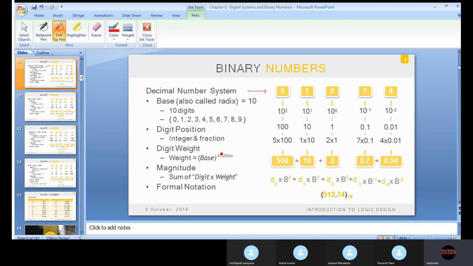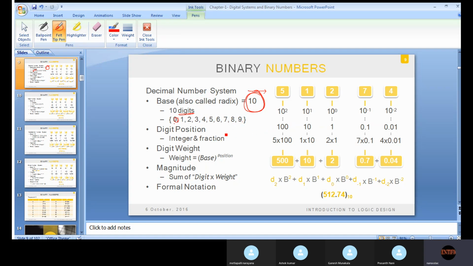Base is also called radix. For the decimal number system, the base is 10, with 10 digits, starting at 0 and ending at 9.